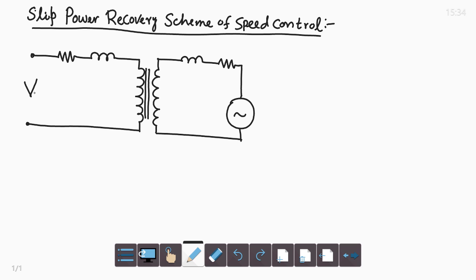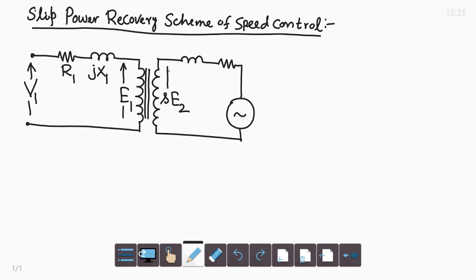V1 is the stator applied voltage, R1 is the stator resistance per phase, jX1 is the stator leakage reactance per phase, E1 is the stator induced voltage per phase, and at a slip S the rotor induced EMF is SE2.